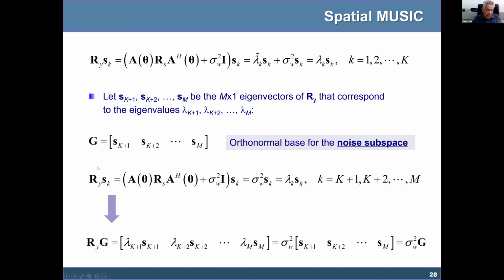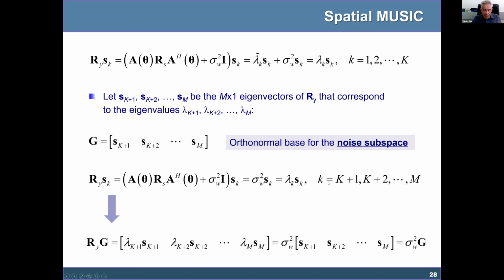Clearly, if you multiply the covariance matrix by one of the noise eigenvectors, because they are orthogonal to the others, when you multiply A Hermitian by Sk, it is 0. And what you get is only sigma W squared times Sk.